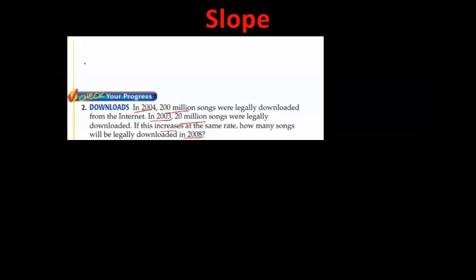Well, first, let's set up our coordinates. We had 200 million in 2004. In 2003, there were 20 million. And in 2008, we're going to call this one Y3 because we don't know that amount yet.